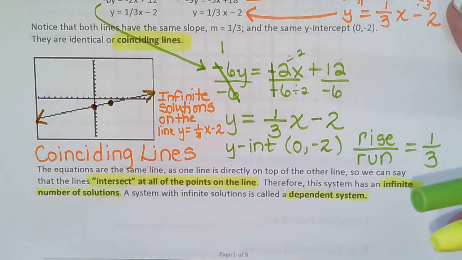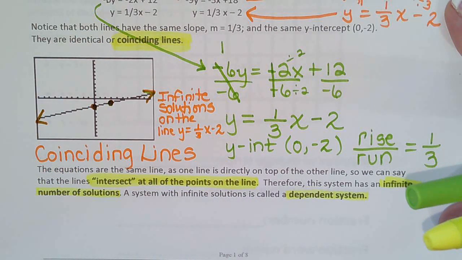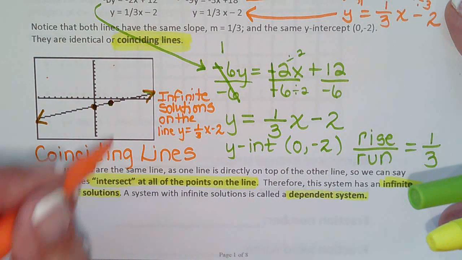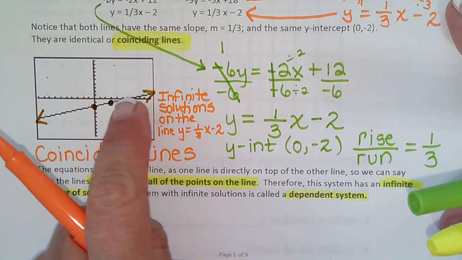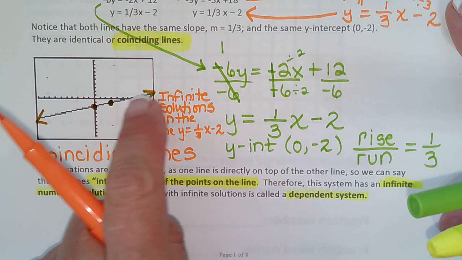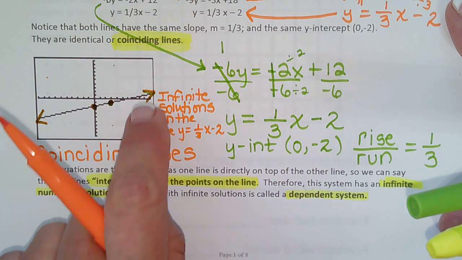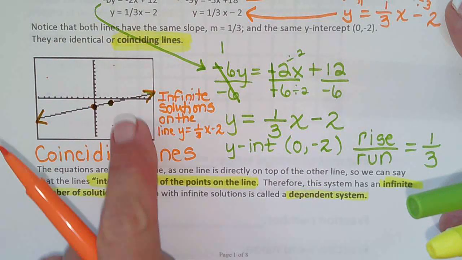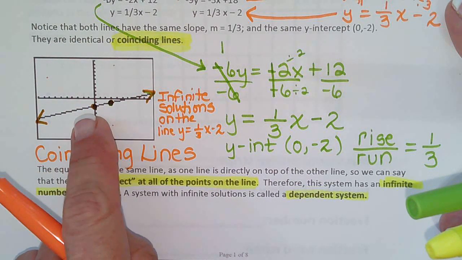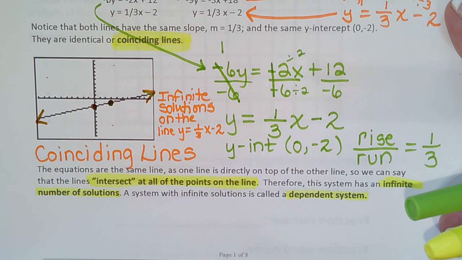So you're probably like, why can't we just write infinite solutions? Well, that means this would be a solution, and this would be a solution, and this would be a solution, and they're not. All the solutions are on that line, not anywhere on the graph. They're still an infinite number because they go left forever and right forever, but they're specifically points on that line because those are the points the two systems or the two equations have in common.